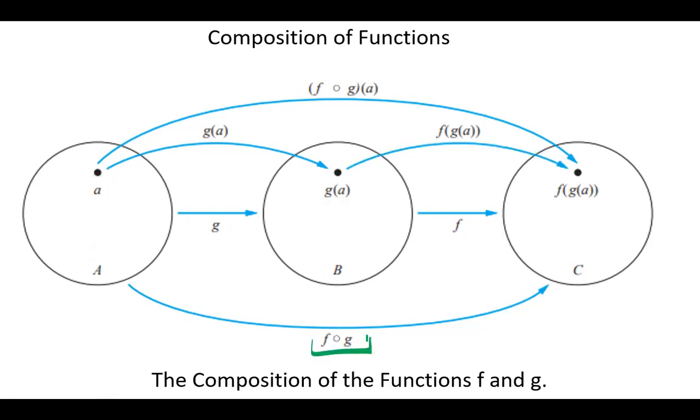That is, to find f compose g, we first apply the function g to a to obtain g of a, and then we apply the function f to the result g of a to obtain f of g of a, which is f compose g. Note that the composition f compose g cannot be defined unless the range of g is a subset of the domain of f.